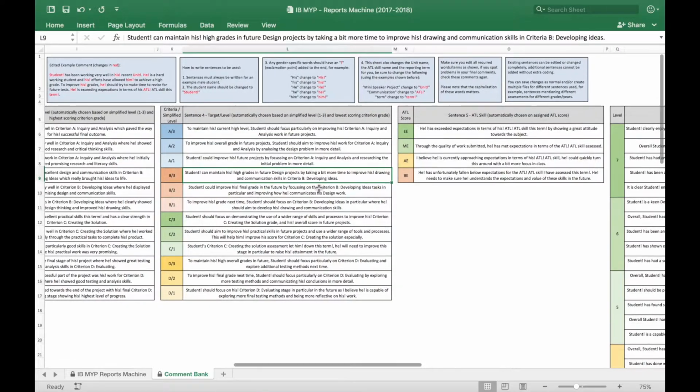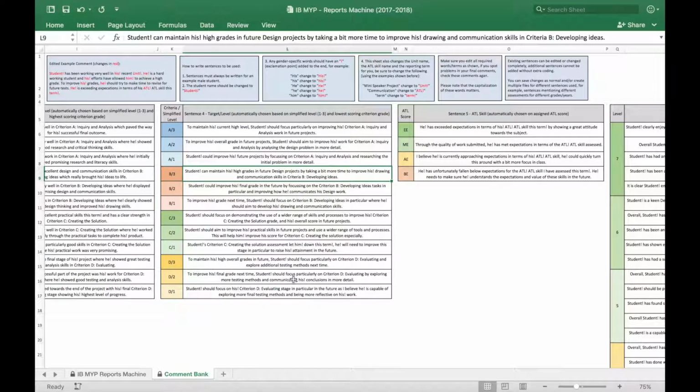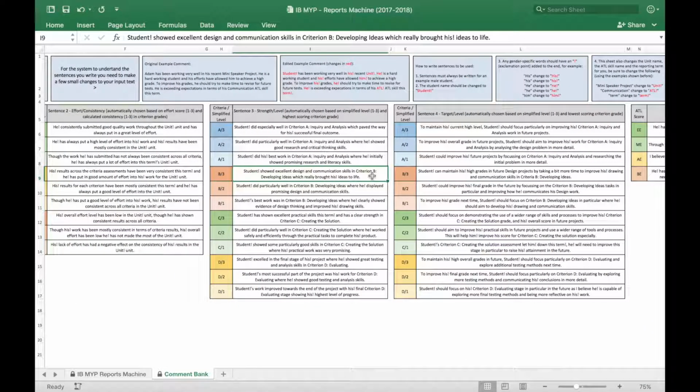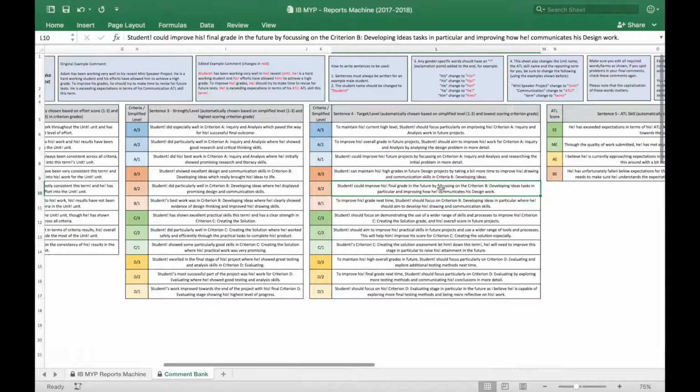Now you'll notice as well, these have all been written for design, MYP design. So the targets and the strengths that are linked to the criteria, so in design, criterion B is developing ideas, criterion C is creating the solution. I've written those in to make sense for design. If you teach a different subject, it's quite easy to just go through and change these.